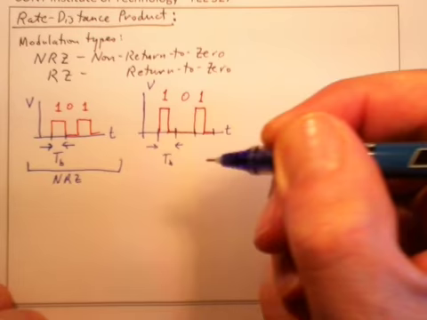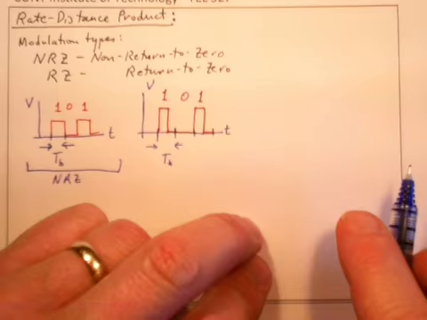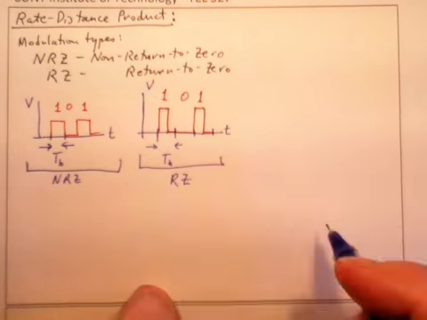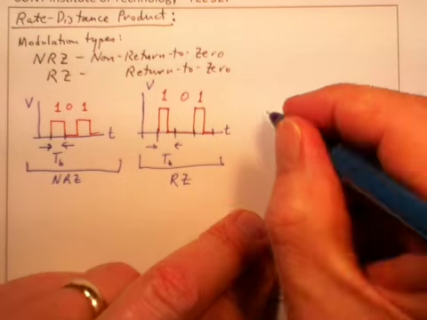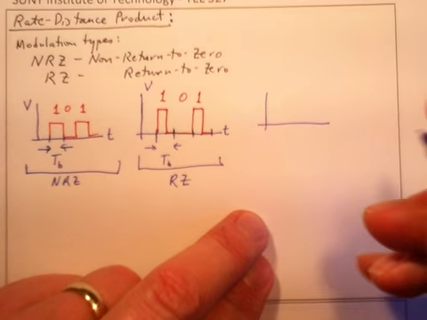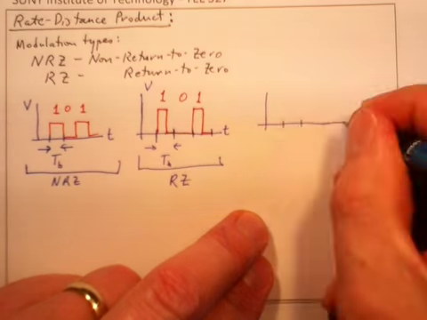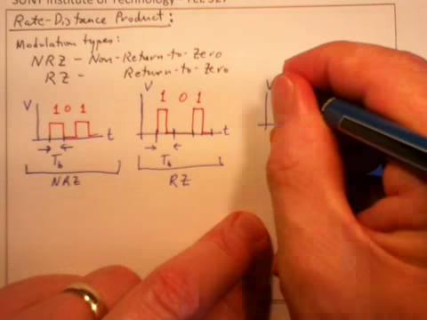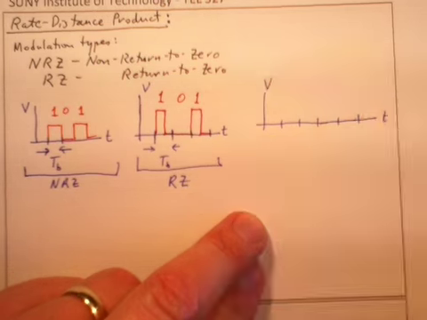And so if I have all 1s in the RZ case, I'm going to have essentially what looks like a square wave at twice the frequency.